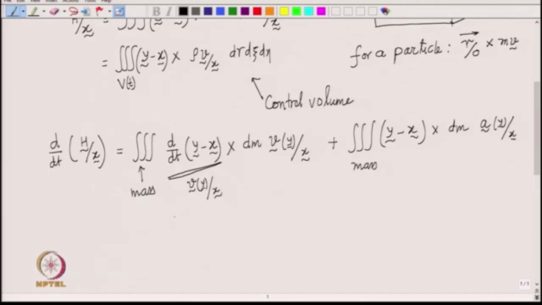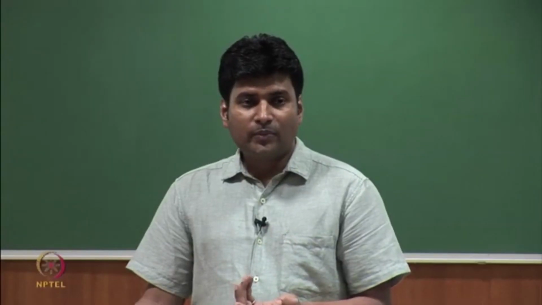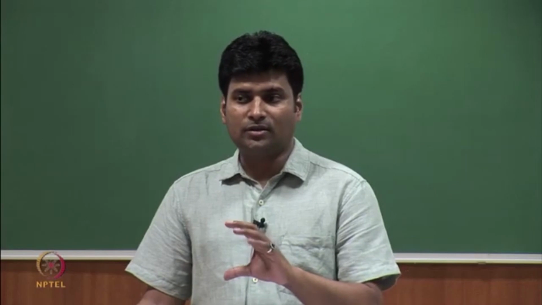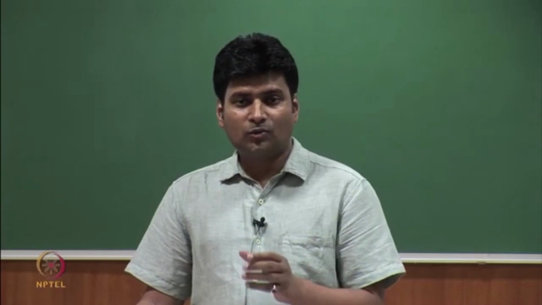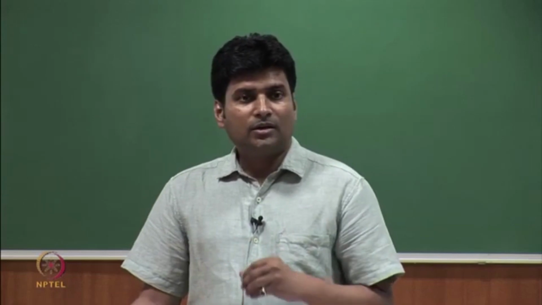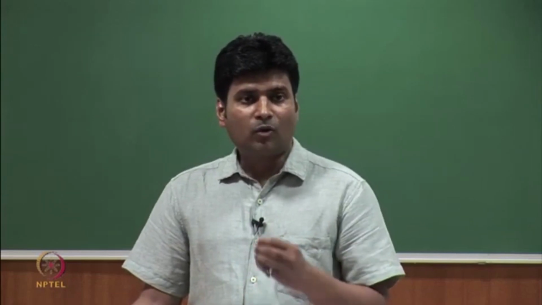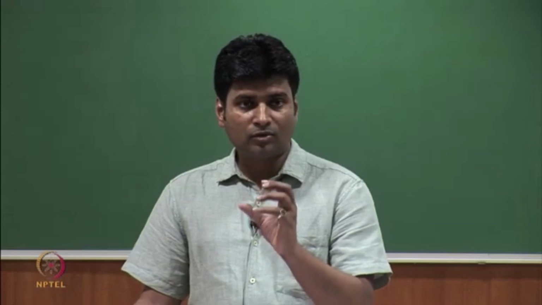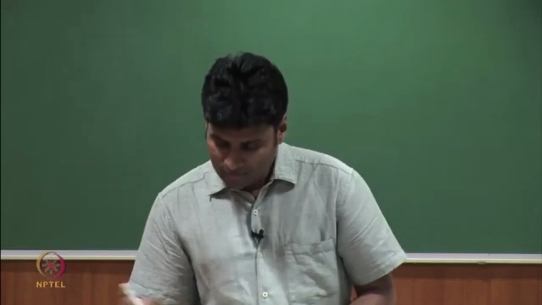Therefore, this term cancels. Also notice that we did d by dt of y minus x and d by dt of velocity, but we did not do d by dt of dm, because the mass of the particle is not changing. It is fixed and does not change with time. Density can change, volume can change, but the mass of a particle does not change.